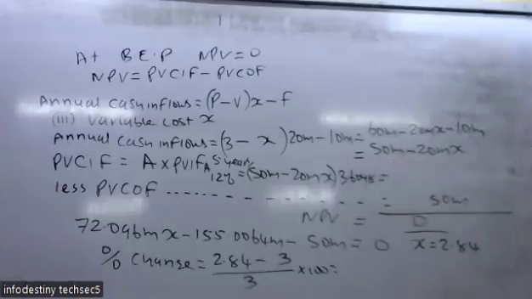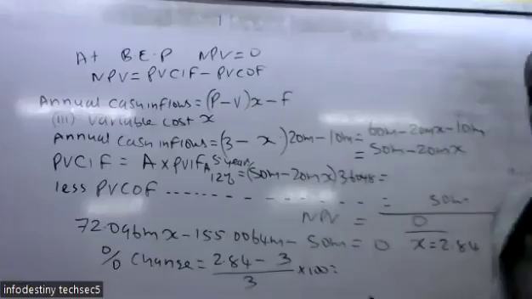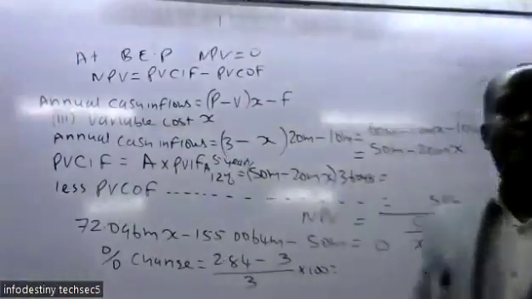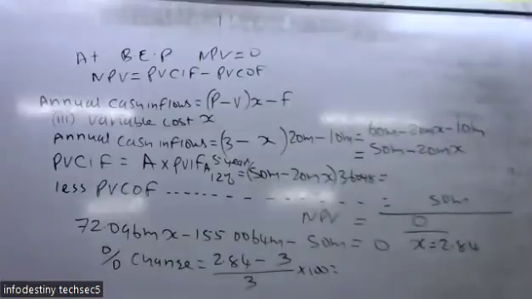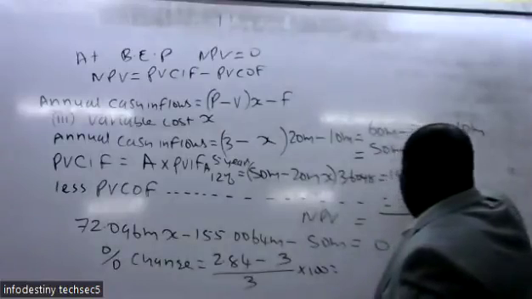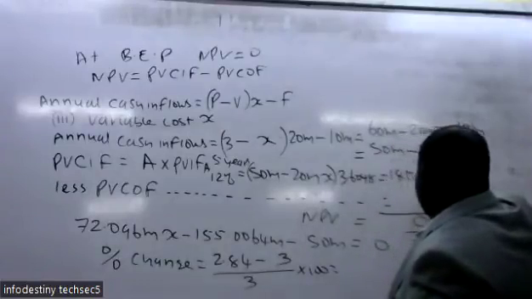So 50 millions multiplied by 3.6048 gives 180.24 millions.